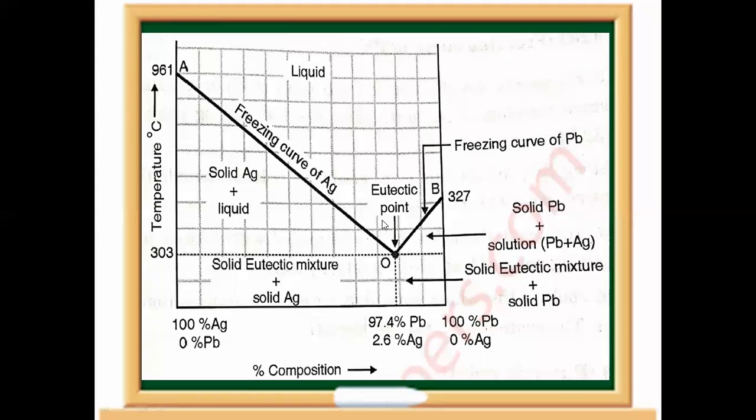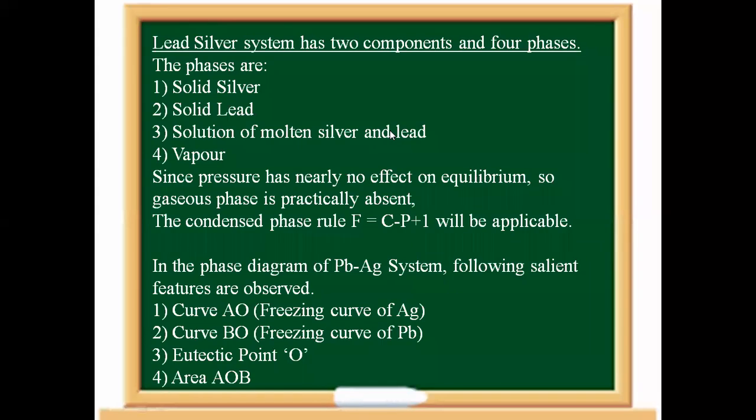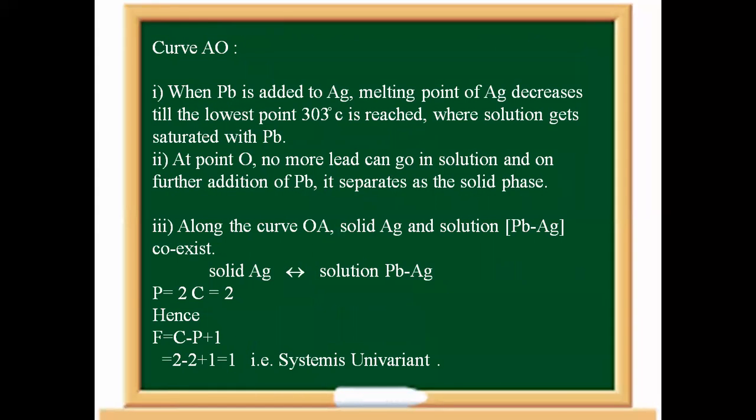So just let me show you the number of phases along the curves AO and BO. Along the curve AO, there is solid silver and a saturated solution of lead and silver.